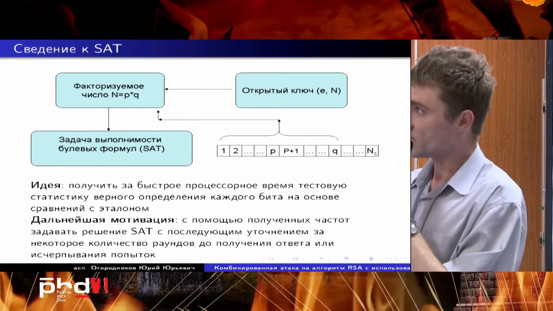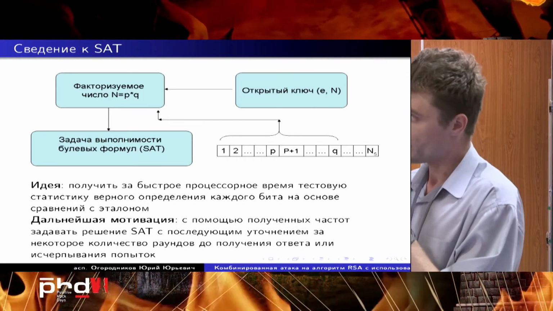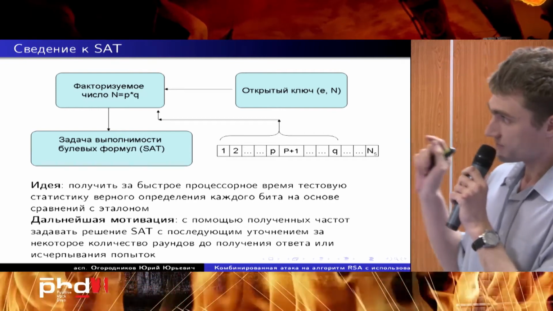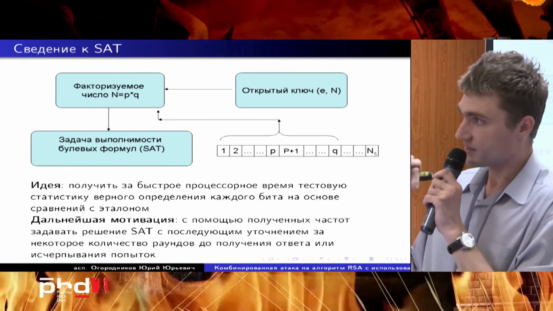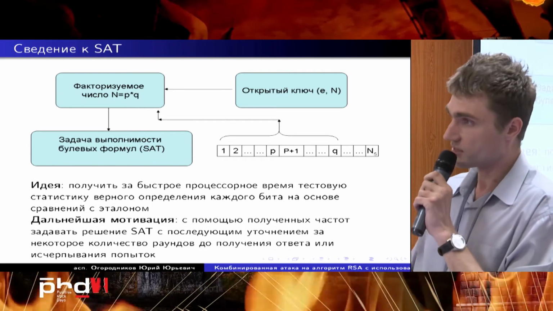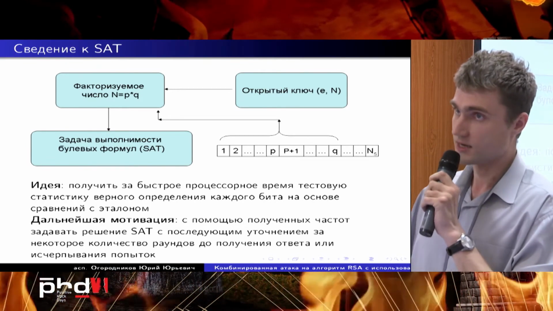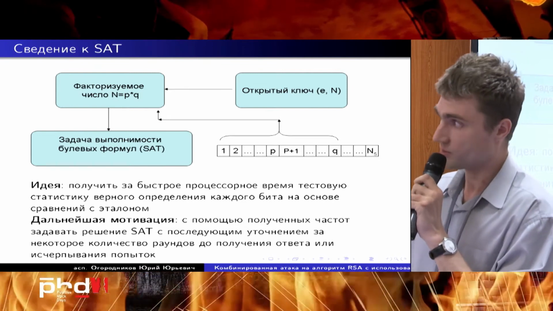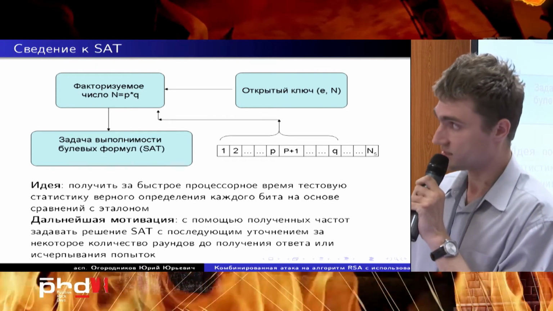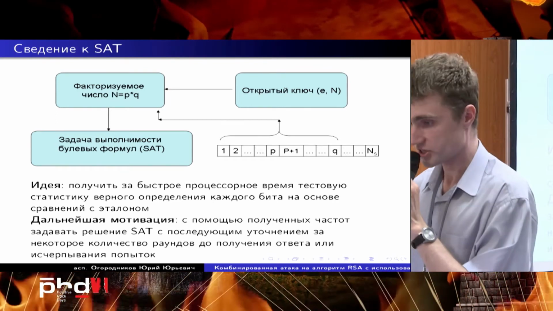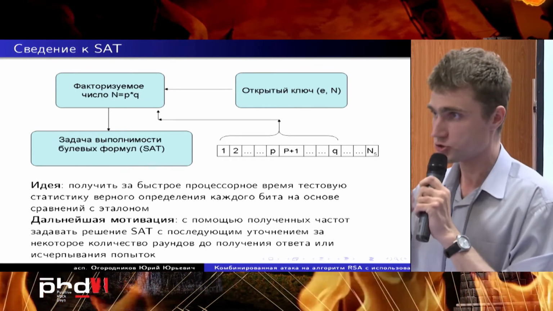The factorized n number, as far as you can see here, p and q bits are the numbers related to the factorized number, and here p is the solution, n with the s index. What's our idea?